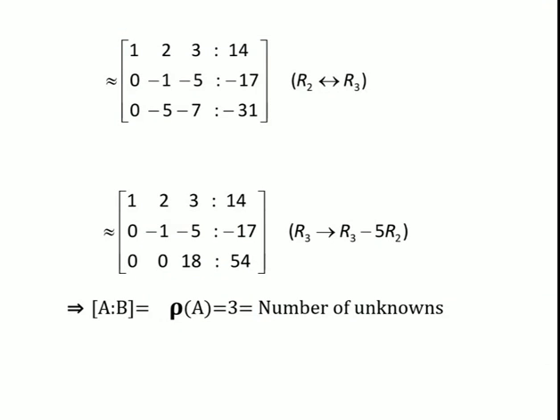Then we can interchange R2 and R3, because in R2 the first nonzero element is minus 5, and in R3 the first nonzero element was minus 1.